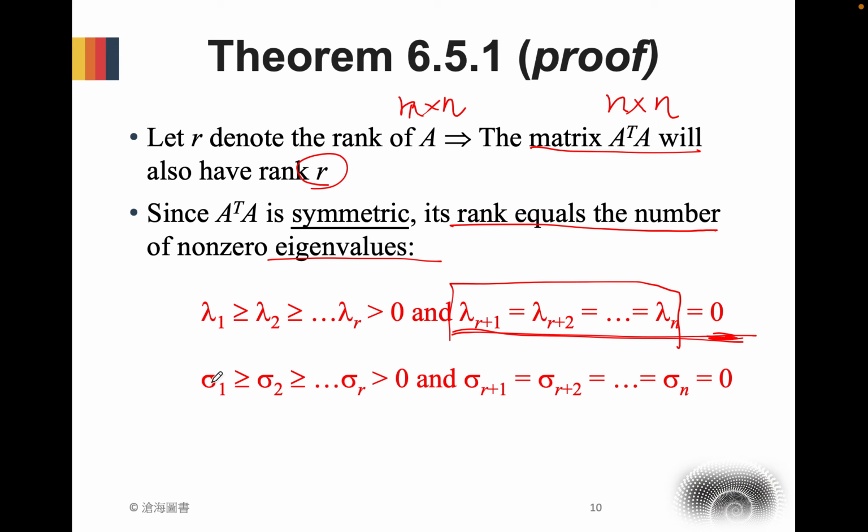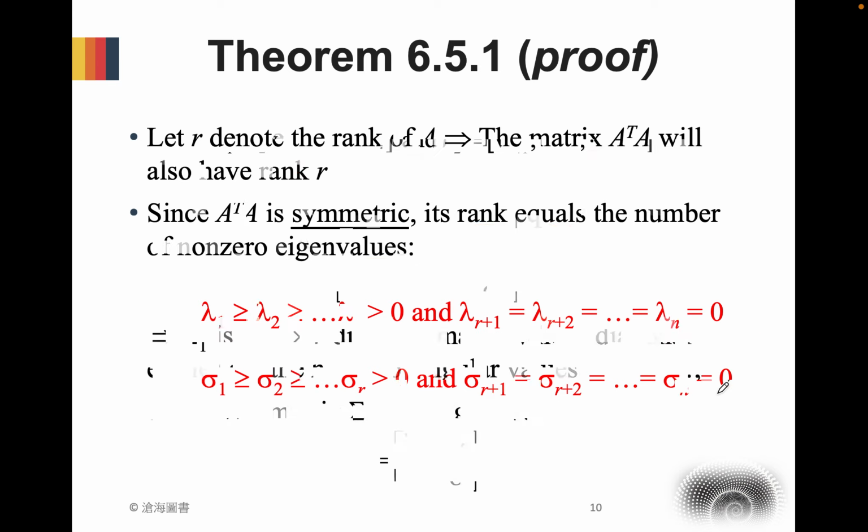Similarly, because sigma 1 is the square root of lambda 1, from sigma 1 to sigma r they are larger than 0, and the last n minus r singular values would all be 0.